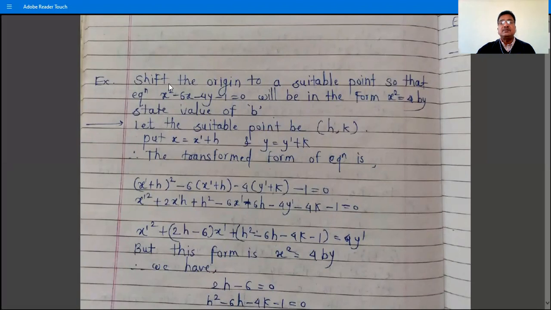And therefore, the transformed form of this equation is what? The transformed form of the given equation is to substitute x as x' + h, y as y' + k. So we have this equation.